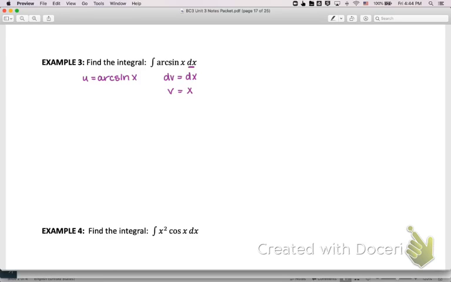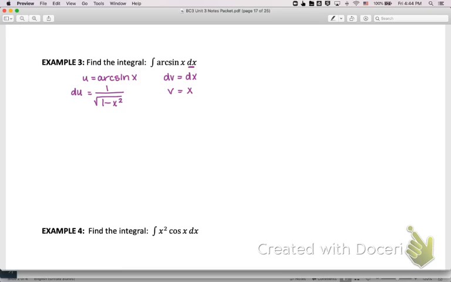If you integrate both sides, the integral of 1 dx is just going to be x. Okay? So that works out kind of nicely. And then we need du, which is going to be the derivative of arcsine, which is 1 over the square root of 1 minus x squared.